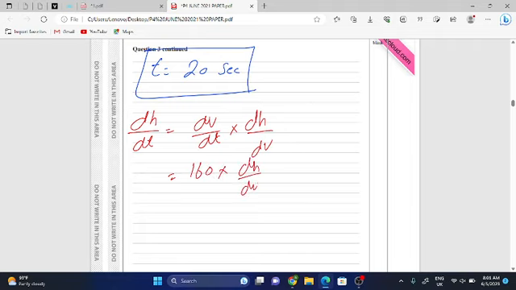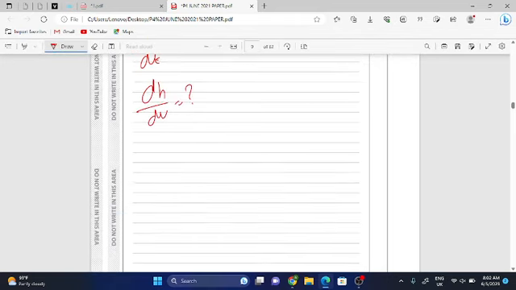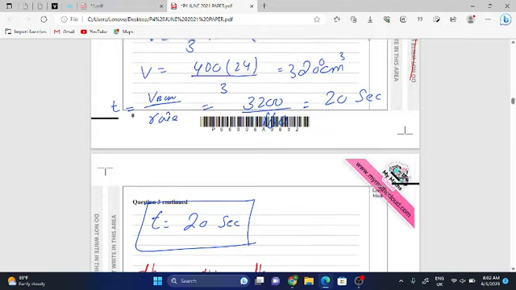dh by dv is unknown. Definitely I will calculate it. So for example, this is marked as equation number 3, and I will calculate dh by dv first. V is given to me: V is 1 by 3 h cube plus 4 by 3 h square.